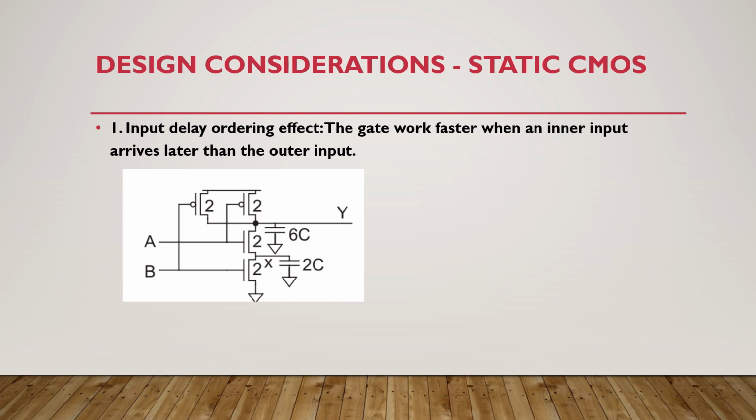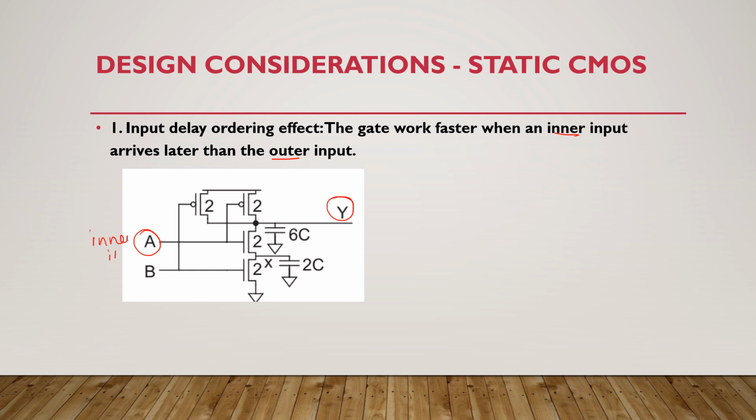See, if you want to make the design work faster, always we have to consider that the inner input should arrive later than the outer input. Why, I will tell you. First of all, we have to know what is inner input and what is meant by outer input. The input A, which is close to the output Y, is called my inner input.